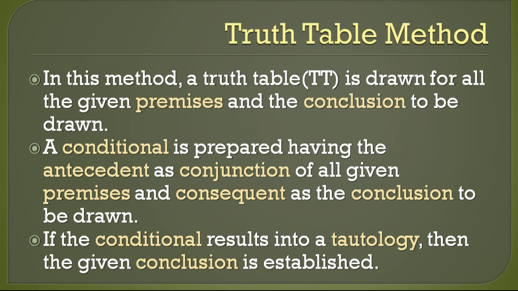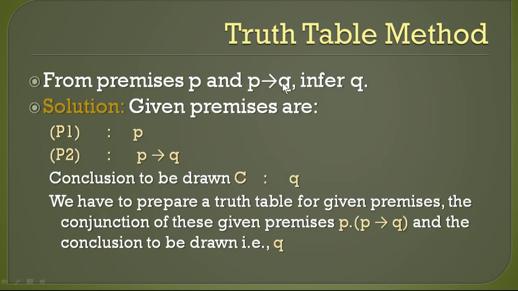So you are going to see using some example. You can see this is a single line question: from premises P and P implies Q, infer Q. So P and P implies Q are the premises, that is, the propositions. Infer Q, that is the conclusion.